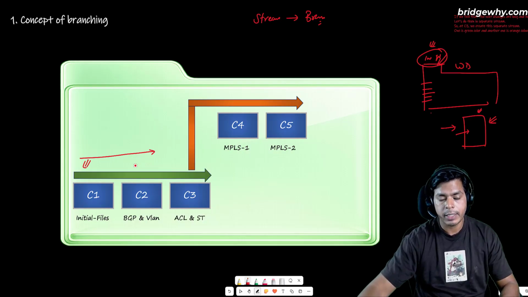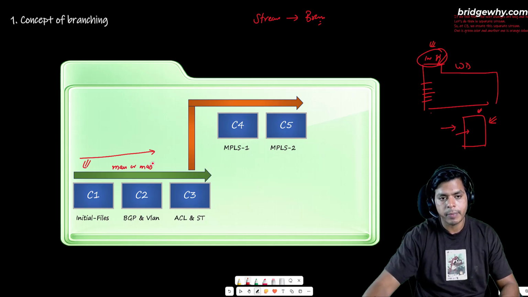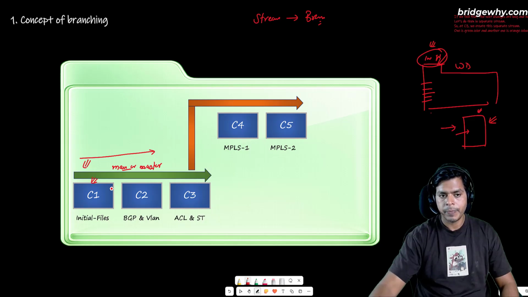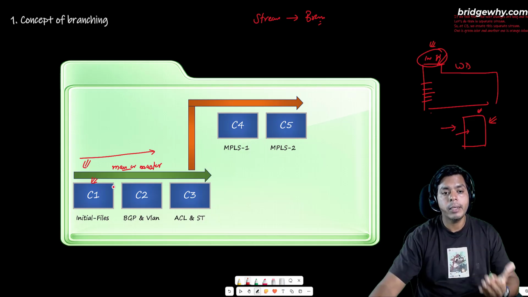Git will create a stream and name this stream main or master. So what I am doing here, I did the first commit of all the 5 files, where I am in the main stream.